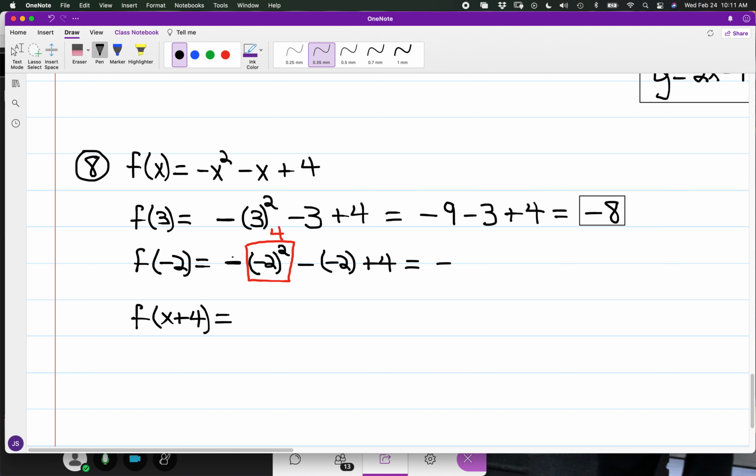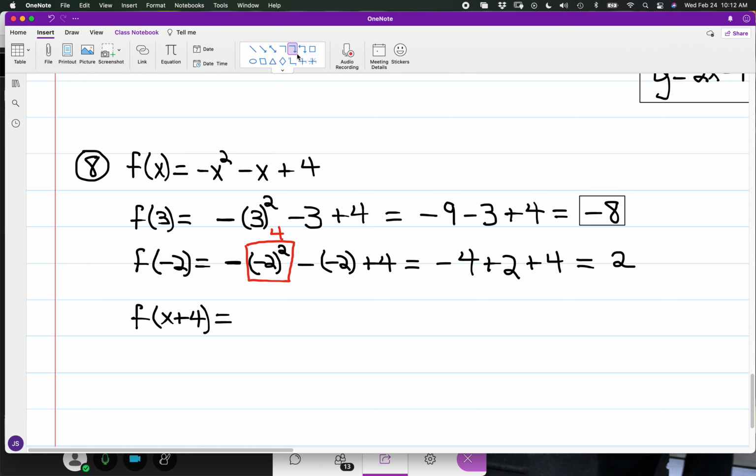So I got the negative of 4. Subtraction of negative 2 becomes the addition of 2. We have followed by 4, and you might see negative and positive 4 just automatically canceling each other out and leaving 2 in the middle. Or if you go in order from left to right, you have negative 4 plus 2 is negative 2, negative 2 plus 4 still comes out to 2. So whenever x is at negative 2, we have y to come out to positive 2.